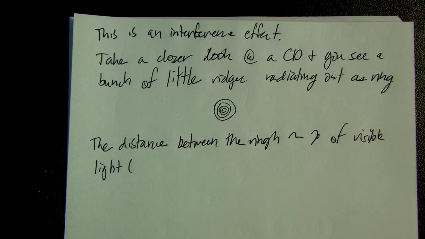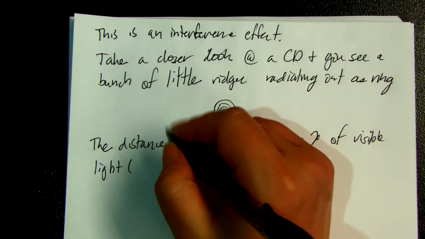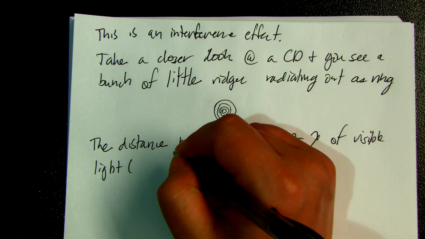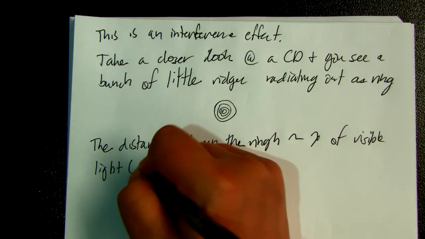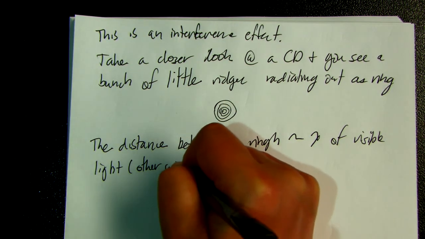You could have a diffraction grating that would have ridges that were not proportional to visible light. You would get this effect in either UV or X-ray or IR, but you wouldn't be able to see it. So our eyes are incredible photon detectors, but only within a very narrow region. Otherwise you would not see it.